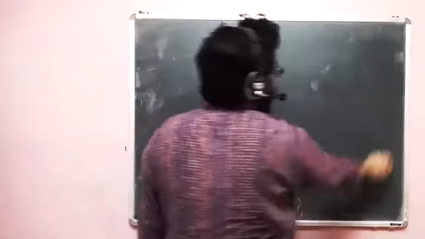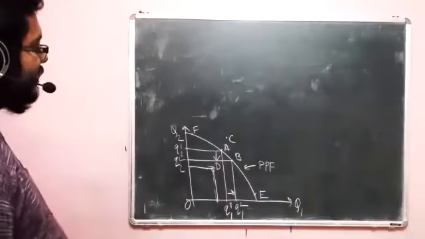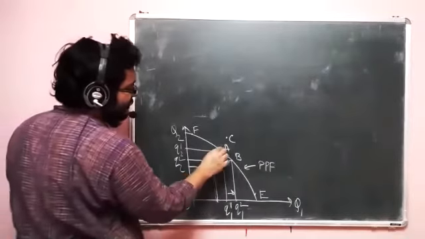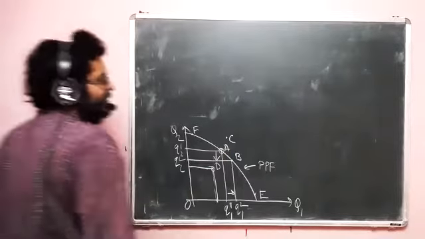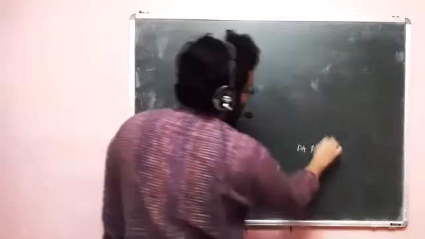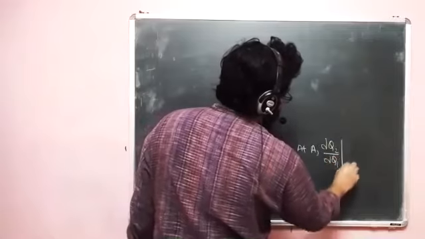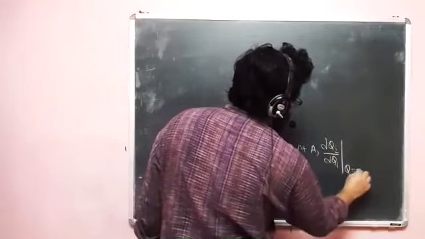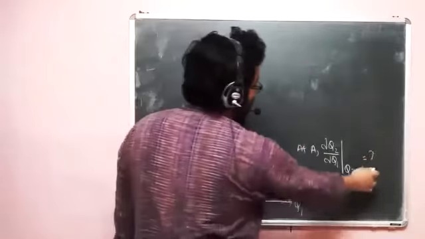So if you look at the slope of the PPF, for example, the slope at point A, dQ2 to dQ1, at Q1 equal to Q11, what will this show?